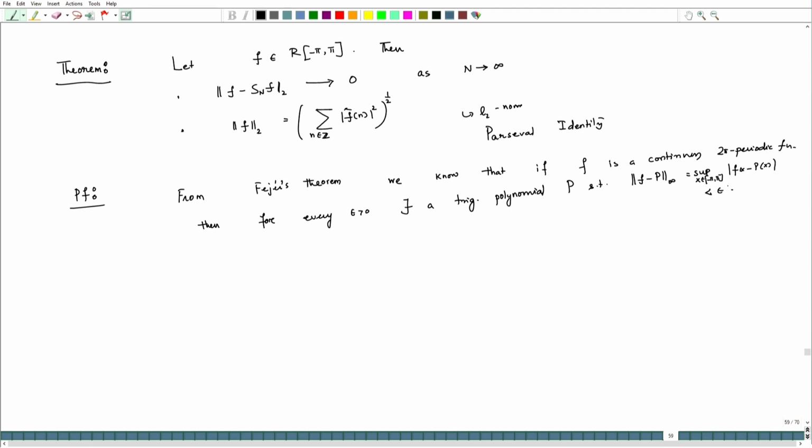This is because f convolved with the Fejér kernel is a trigonometric polynomial which approximates f uniformly.